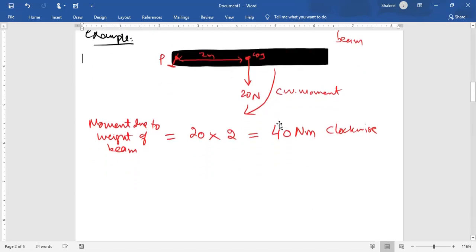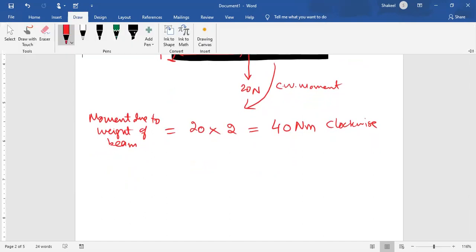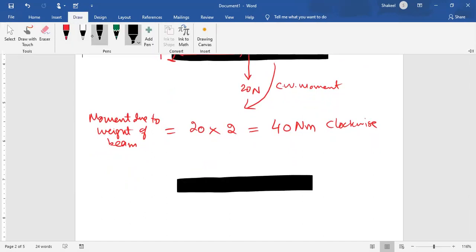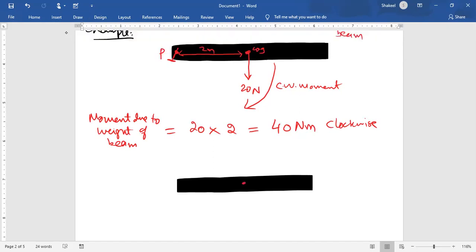So this is clockwise. Let's look at an example of anti-clockwise. Let's say there is another beam, pivoted at its center with an edge placed below it. This is the pivot point from which it is supported.